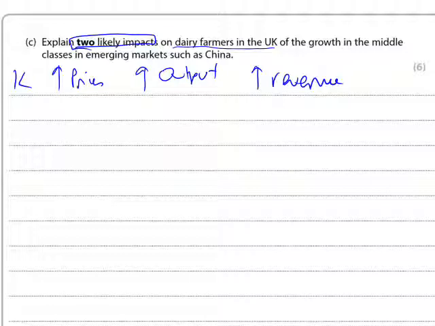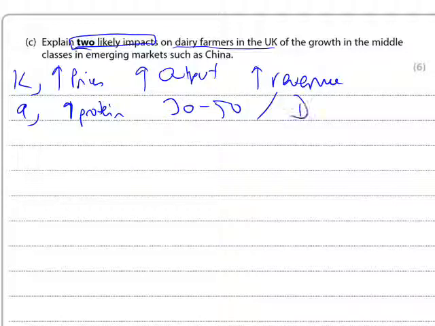The application would be linked into the reasons for that. So there were two reasons mentioned, that there was an increase in demand for protein and dairy, and it did mention from 30 to 50 million litres if you want to be specific, but it also just talks in general about an increase in demand for dairy in China.